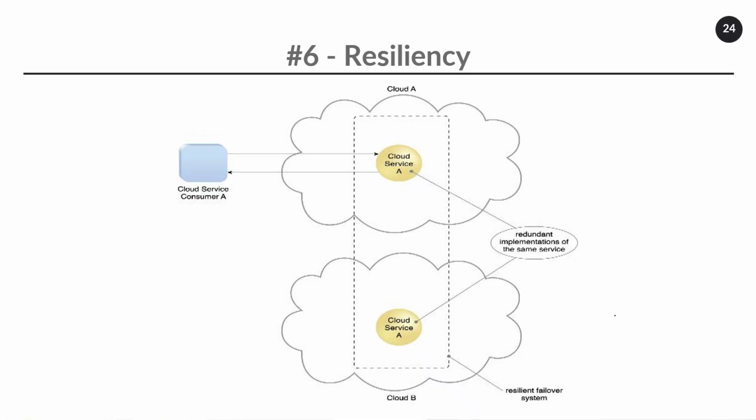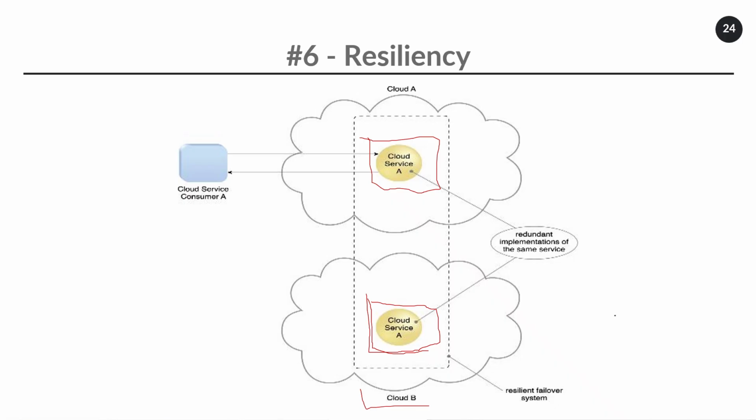So here, just to illustrate resiliency in a resilient system, in the example here we have Cloud B hosting a redundant implementation of Cloud Service A. You see Cloud A hosts its own Cloud Service A, and Cloud B hosts Cloud Service A as well. It's a redundant IT resource.